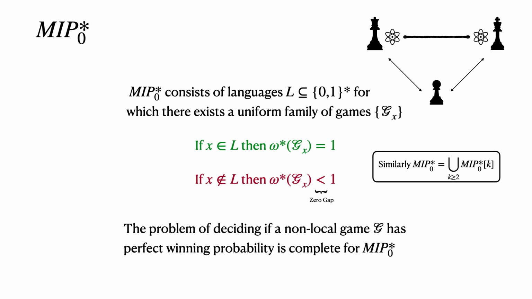Because of this relaxed soundness, this class is perhaps larger than MIP star. Our work proves that this is indeed the case, that MIP star 0 contains more languages than MIP star. Also, MIP star 0 has a very natural complete problem. The problem of deciding if a non-local game G has a perfect strategy is complete for this class.